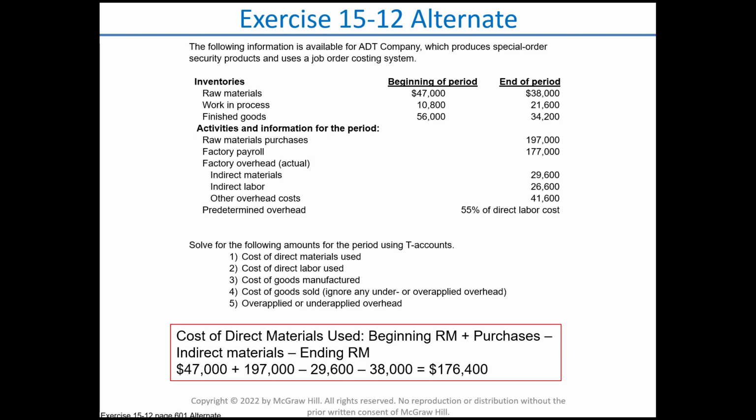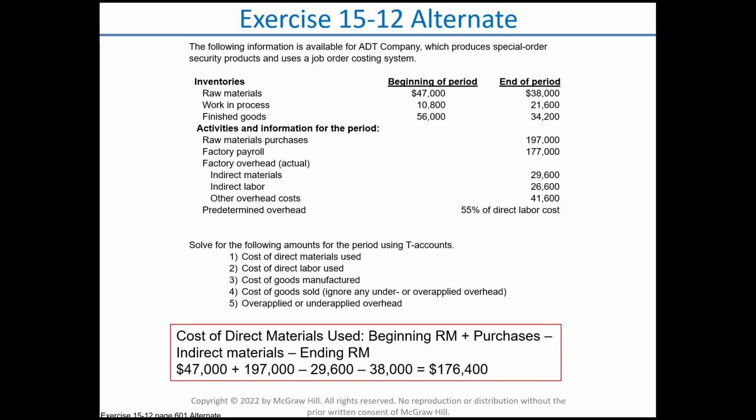First, we will look at cost of direct materials used, and that is computed by taking your beginning raw materials inventory, adding the purchases, subtracting the indirect materials, and also subtracting what we have left, so our ending raw materials. So this is similar to what you did in chapter 14, but here we're also subtracting out the indirect materials, because indirect materials is included in factory overhead, not in direct materials.